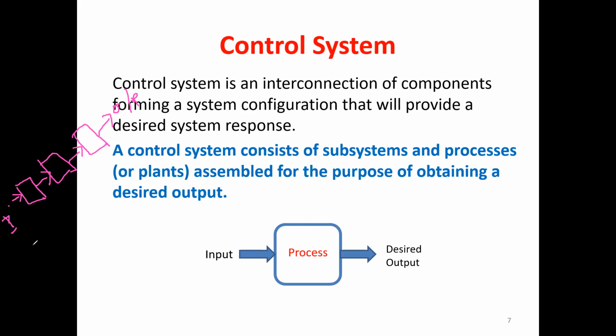Say S1, system 1, S2. So a control system consists of subsystems, processes or plans. These are the subsystems. See, it has multiple subsystems, and by combining all, you can get the total control system.